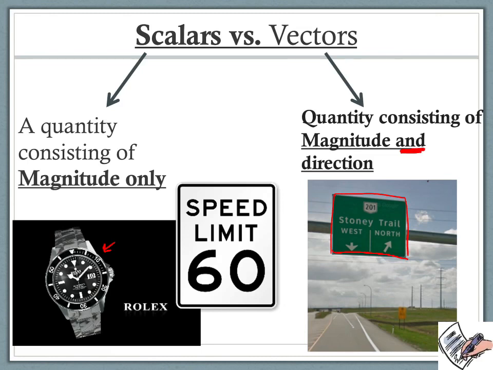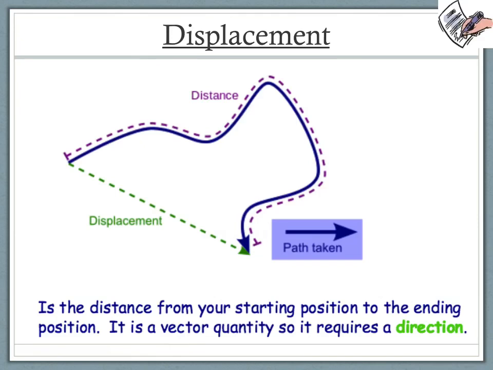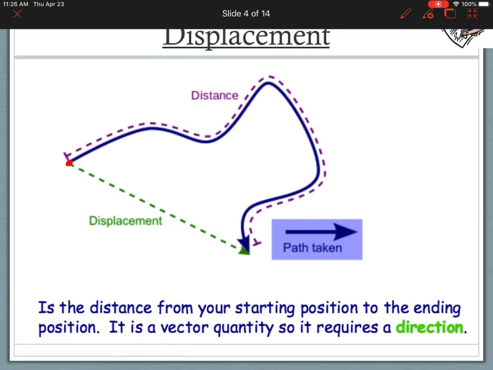So before we get on to a little bit more about velocity, we need to talk about displacement. So displacement is kind of the vector version of distance, although it's not quite that easy. So say you are going to take a walk because you are getting sick of being holed up in your house. So here's where you start.